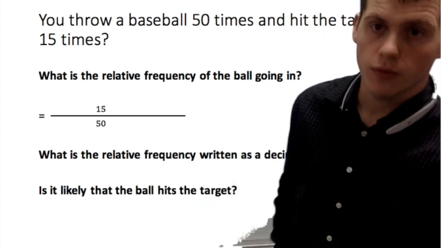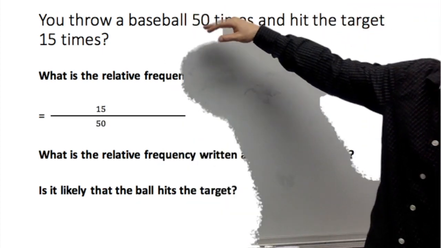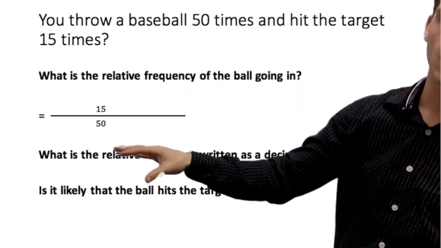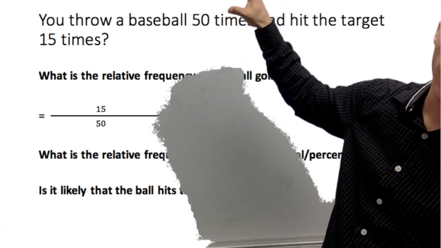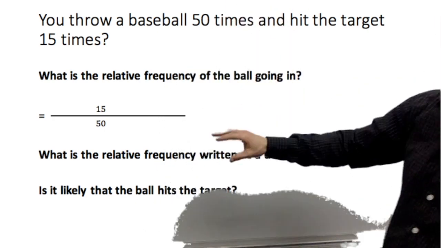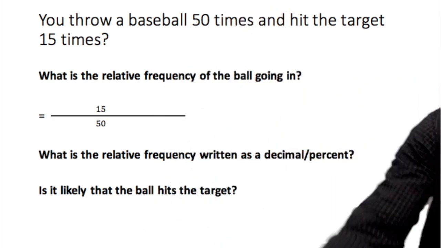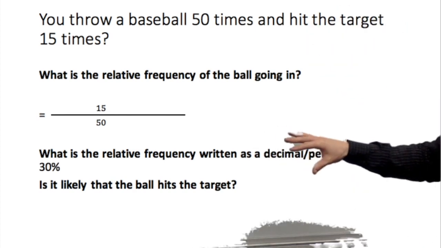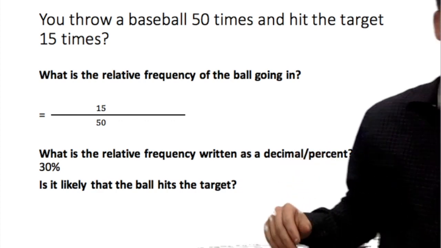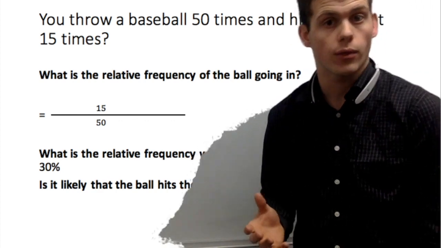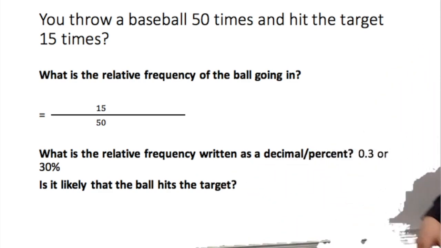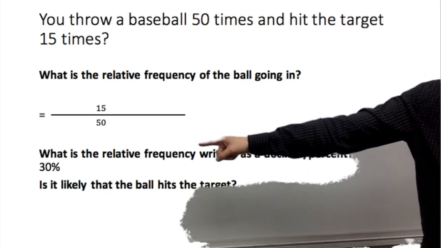So relative frequency for this problem is going to be 15 over 50 because we threw the ball 50 times, but we only hit the target 15 times out of that 50. When you divide 15 by 50, you can then see that we get an answer of 0.3. So 0.3 is also represented as 30%.